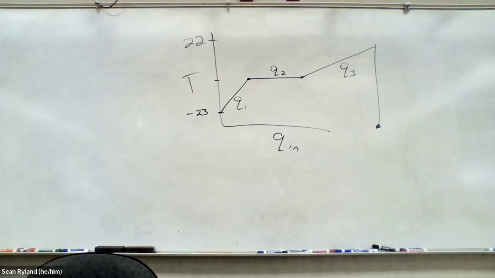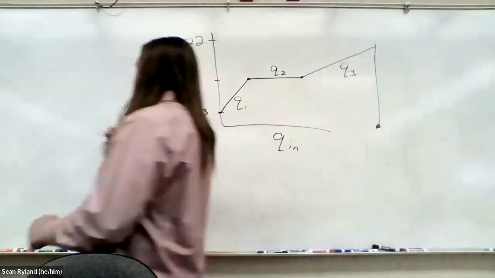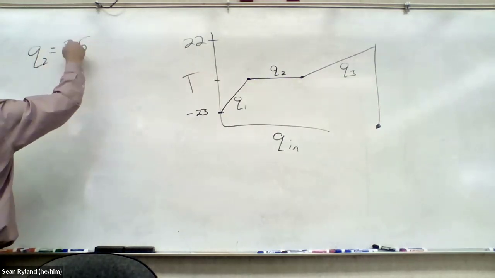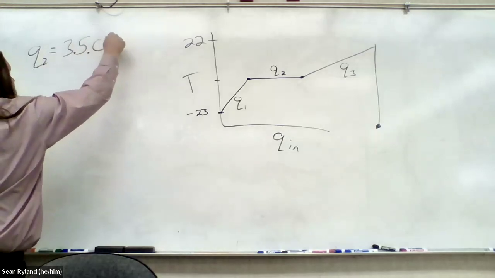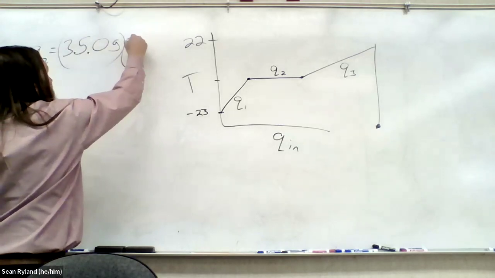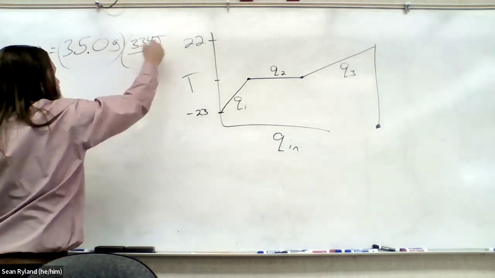Delta H of fusion was the energy that it takes to melt 1 gram. Sometimes you'll see it written in joules per mole. In this case, it's in joules per gram, which makes our life really easy. So for Q2, we've got 35 grams of ice, and every 1 gram is 334 joules to melt it.